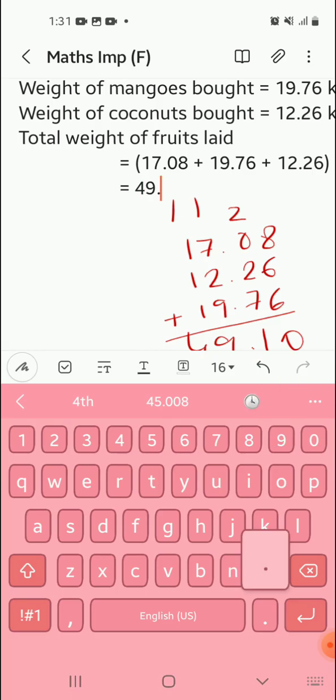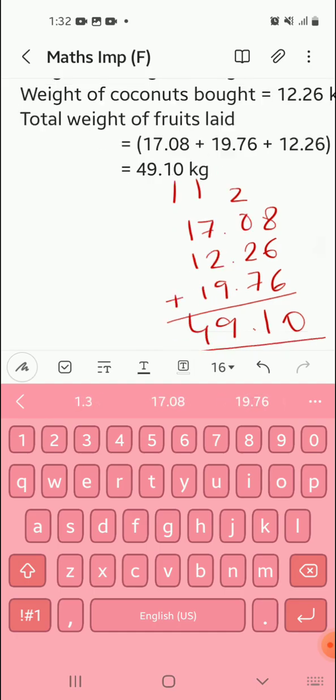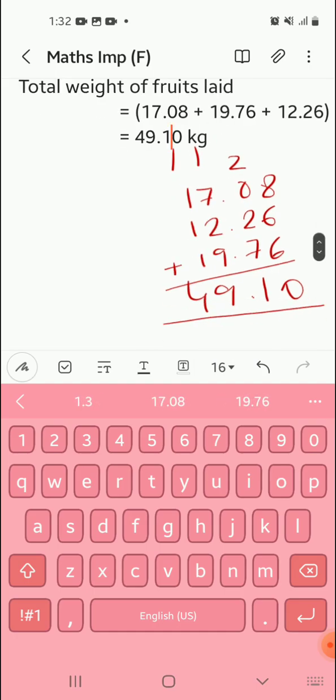You can also write 49.100 because there will be at least 3 decimal places. If you write it this manner also, there's no issue. So 49.10 kg or 49.1 or whatever. Moving on to the next question.